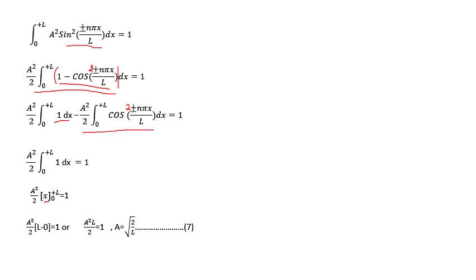Why are we not? I have not written the value of cos here, because when you integrate cos, we will get a sine. And when we get the sine, we substitute the value of the upper limit and lower limit.